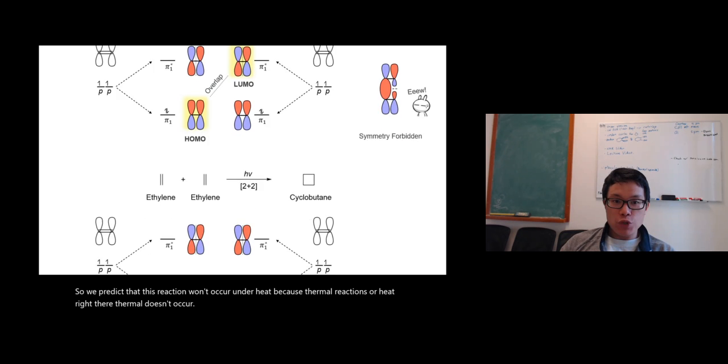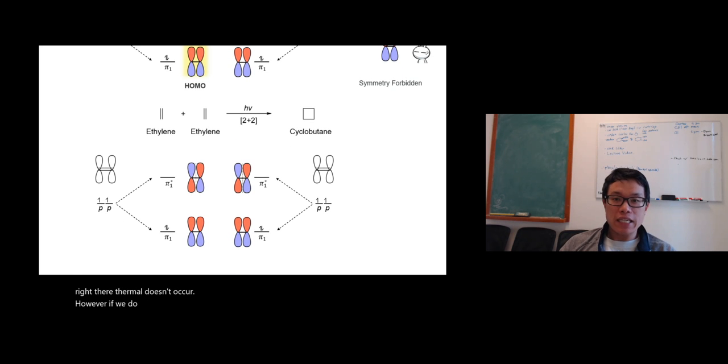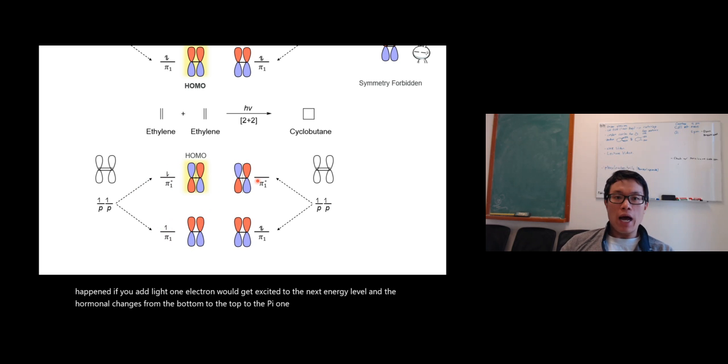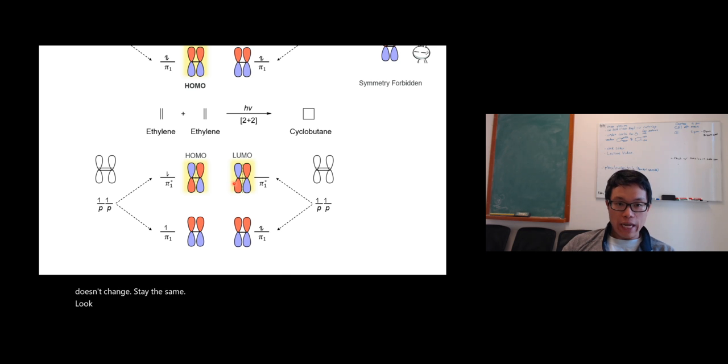However, if we run this reaction under light, it would happen. Remember what happens if you add light? One electron gets excited to the next energy level, and the HOMO changes from the bottom to the top, to pi 1 star. That's the HOMO now. The LUMO doesn't change. Under this condition, this HOMO will overlap with this LUMO.